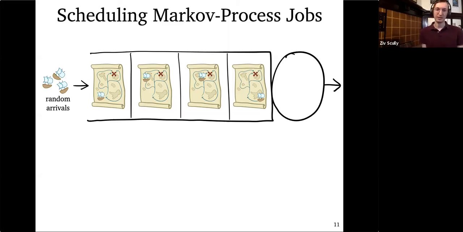A job state is going to stay the same whenever it's not in service. Or if you decide to split the server in two, so devote half effort to two jobs, each job will evolve in slow motion at half speed. And so what we're going to talk about now is how to decide which job gets to be in service, which job state gets to evolve. So any other questions before I move on?